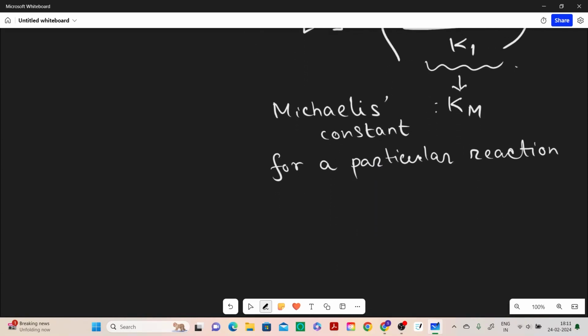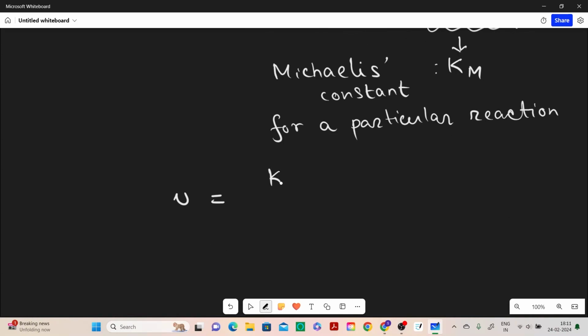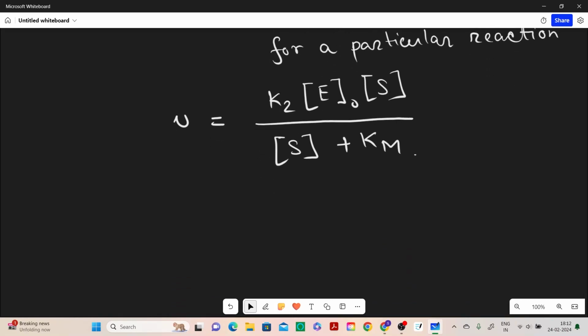So what we get here is V, or the rate, is equal to, we'll just put this down and change this to Km. So K2 into E naught into S divided by S plus Km. Now suppose there is no complex formation, the enzyme just forms the product, so that would be the maximum rate of the equation.